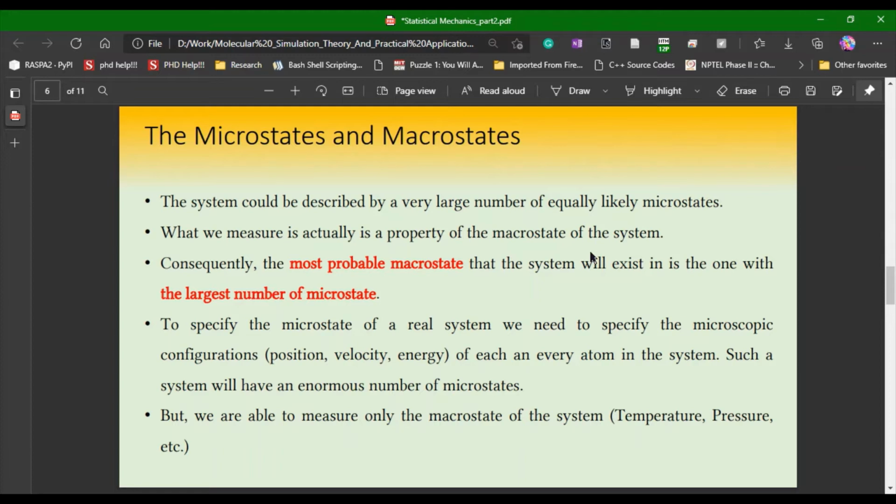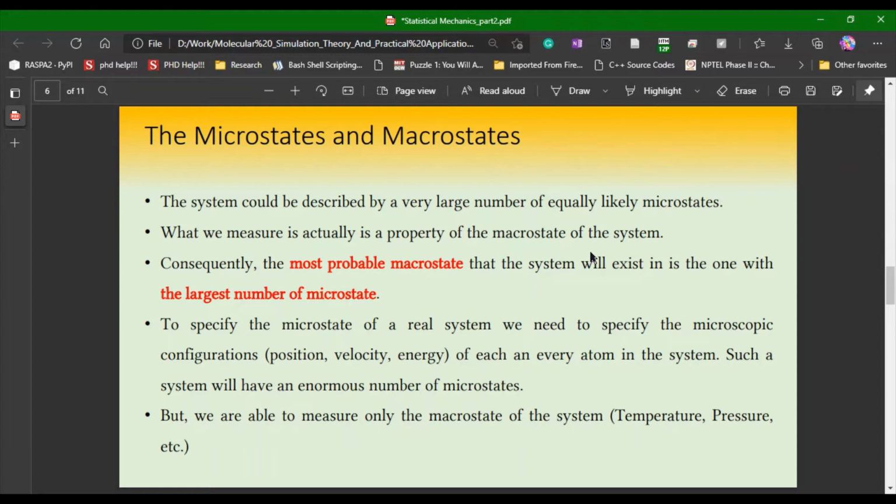Consequently, the most probable macrostate that the system will exist in is the one with the largest number of microstates. This is very intuitive. If a large number of microstates correspond to a particular macrostate, that macrostate is bound to be more probable and have more occurrences. So the system will be represented by the macrostate which has the largest number of microstates.